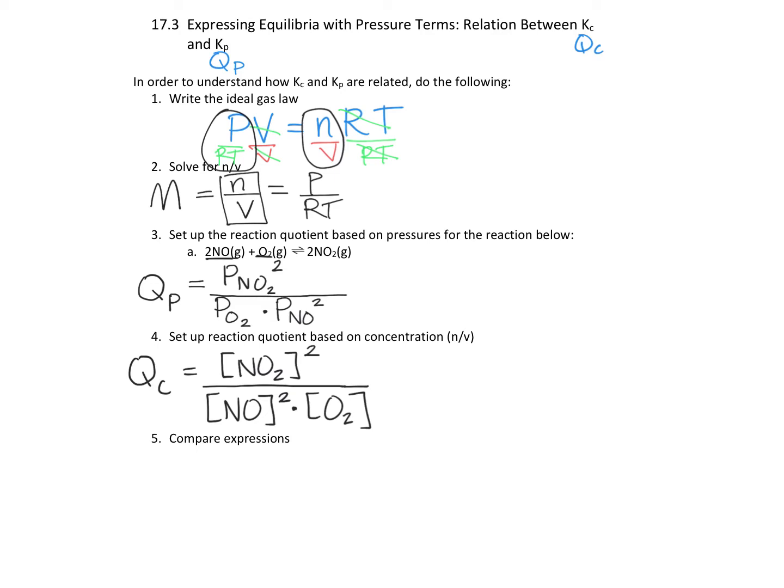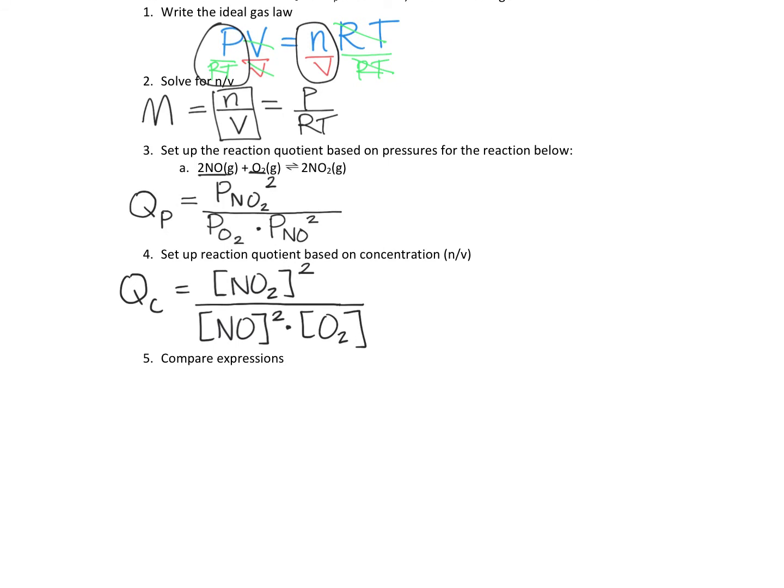Remember that my molarity, or my concentration, is equal to pressure over RT. So if I want to make this expression equivalent to an expression that includes pressure, I want to set up QC so that it includes pressure units. So this is going to be equal to pressure of NO2 squared over RT squared.